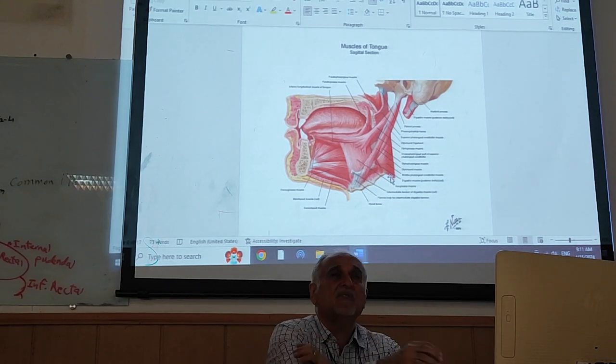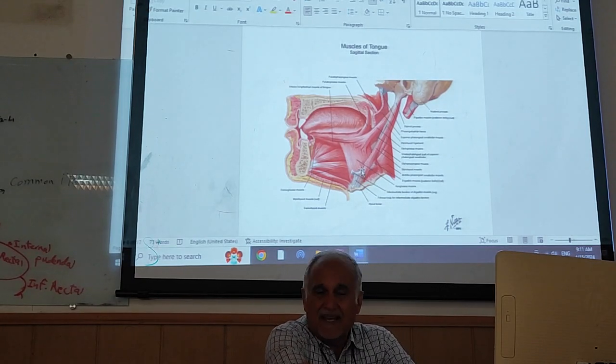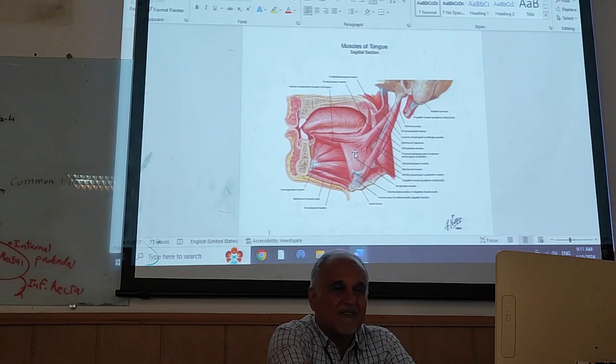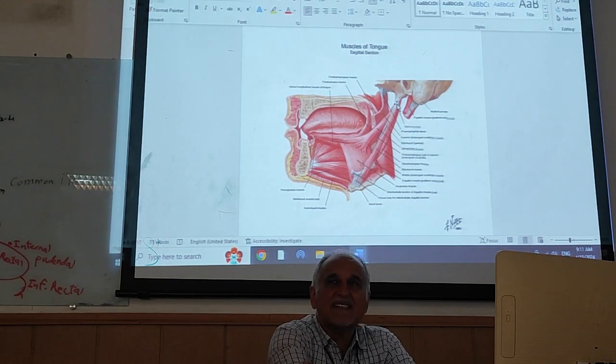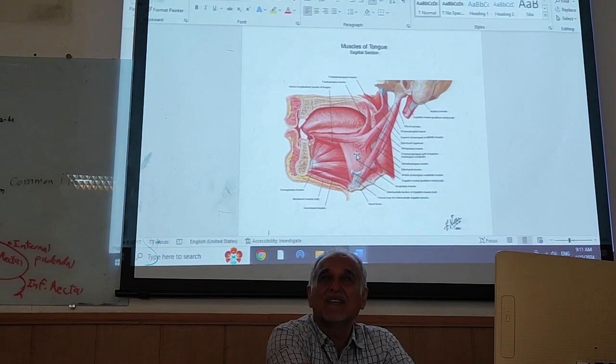So here you can see the muscles that we say extrinsic. Look at this one, from the hyoid to the tongue: hyoglossus, genioglossus, and this one is styloglossus. And one more, palatoglossus. Excellent.